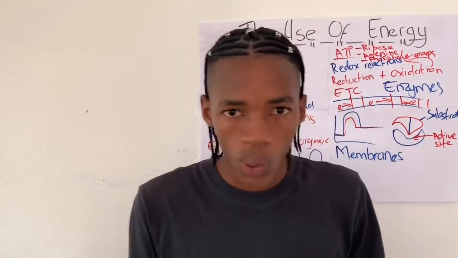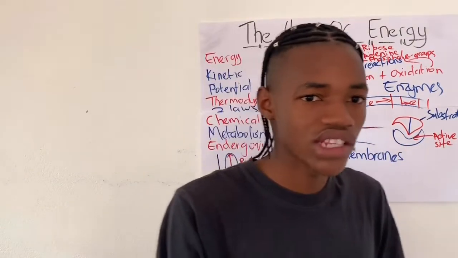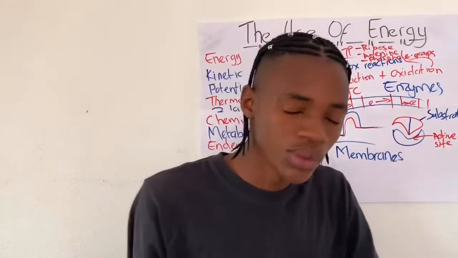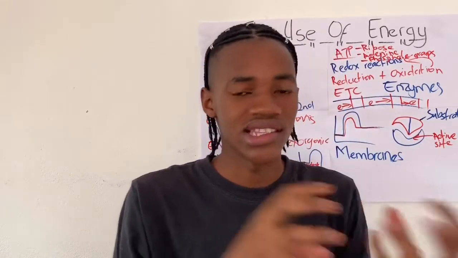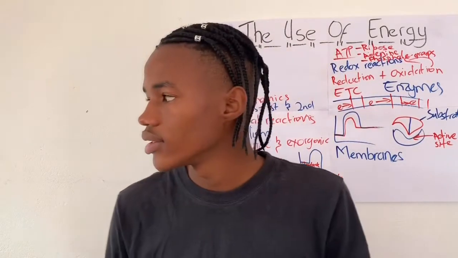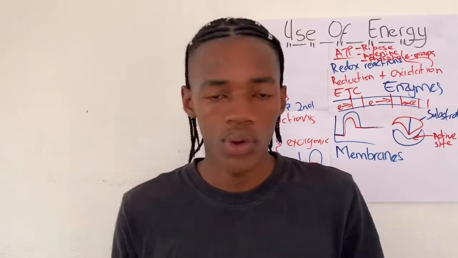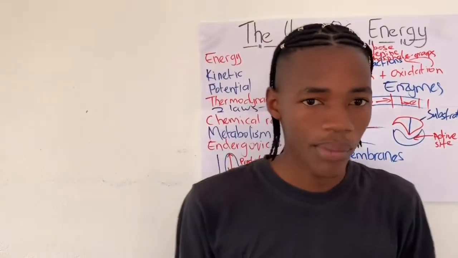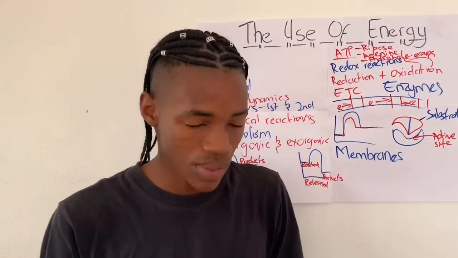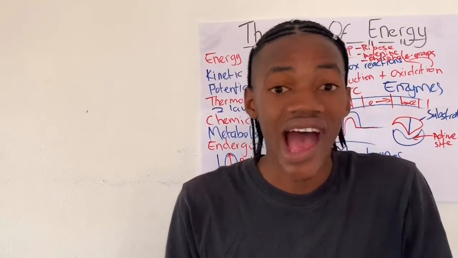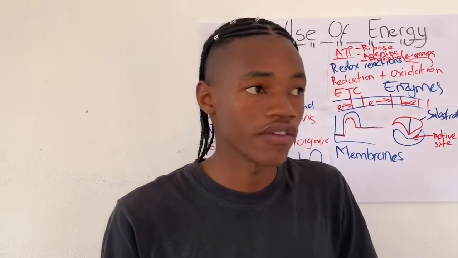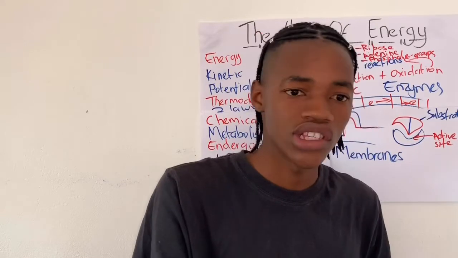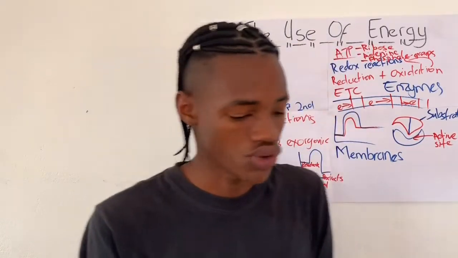What that means is that the solute will move from where it is more concentrated to where it is less concentrated at any given point. Now we are going to talk about the mechanisms and transport systems that allow for this movement.